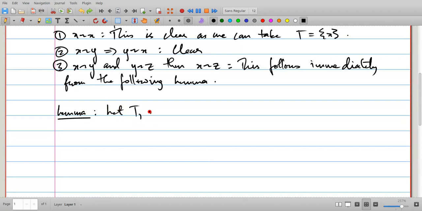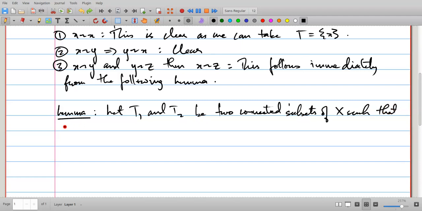Let T1 and T2 be two connected subsets of X such that their intersection is not empty. Then their union is connected.